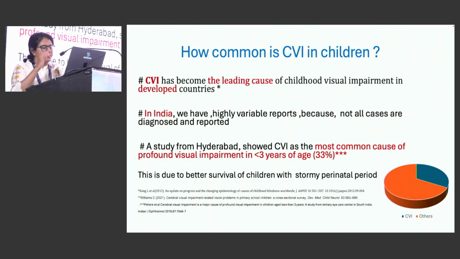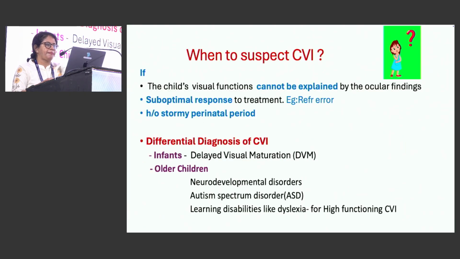CVI has become the leading cause of childhood visual impairment in developed countries. In India, we have highly variable reports because not all cases are diagnosed and reported. A study from Hyderabad recently showed CVI as the most common cause of profound visual impairment in children less than 3 years of age. This may be due to better survival of children with a stormy perinatal period.